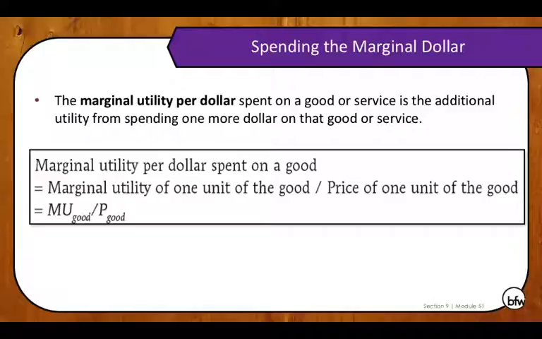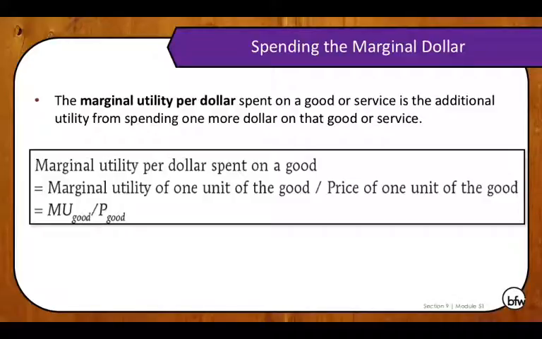Well, the answer is they should probably spend that dollar on the item that will increase their utility by the most happy points. If they go through life spending the next dollar on the thing that gives them the highest marginal utility for that dollar, they are bound to maximize their utility.